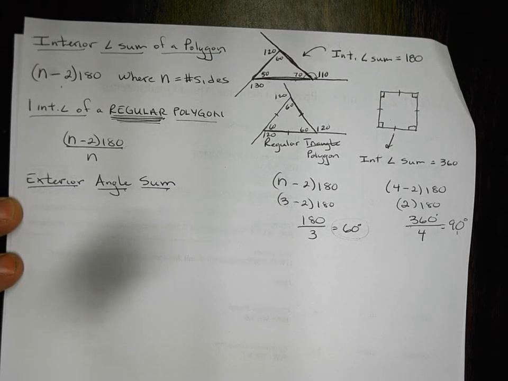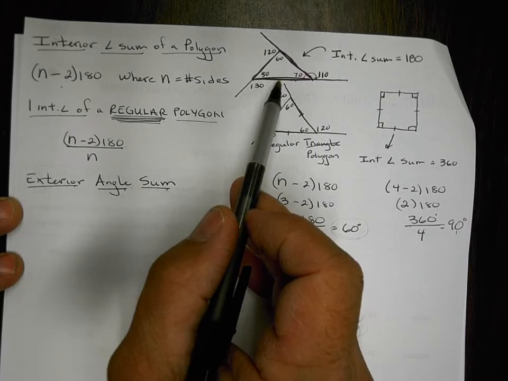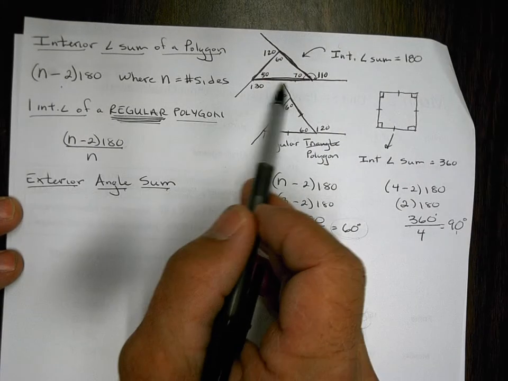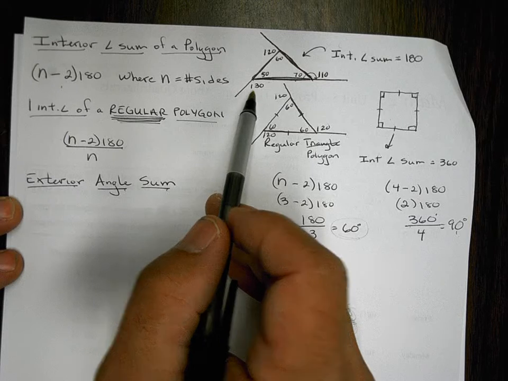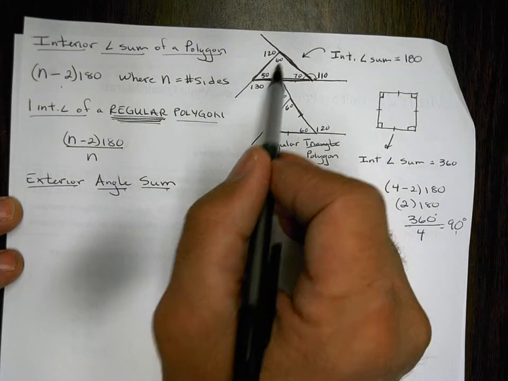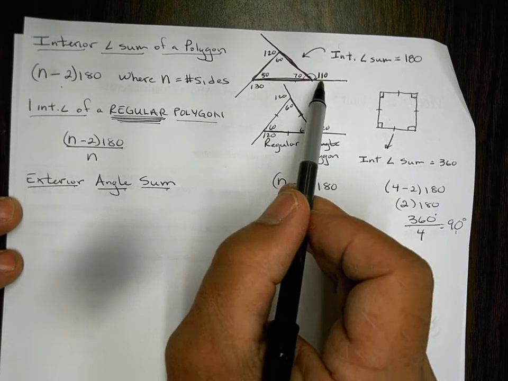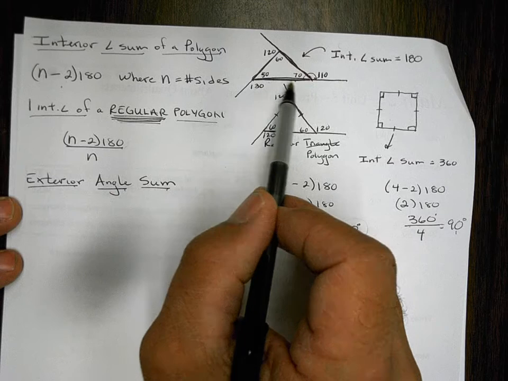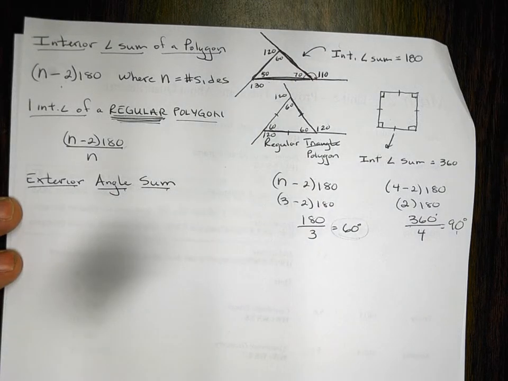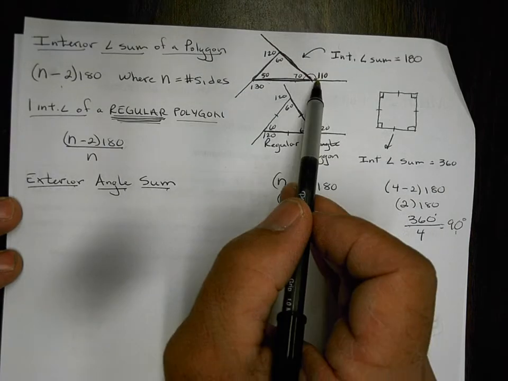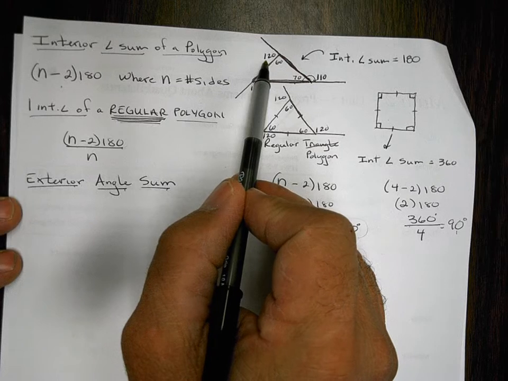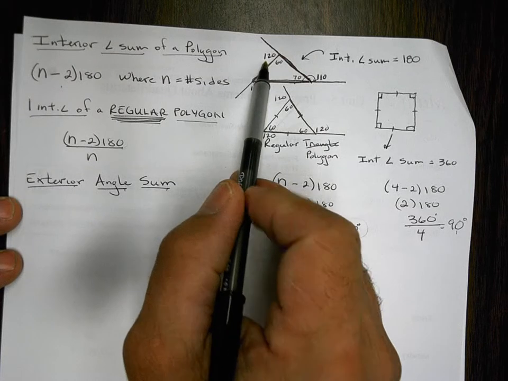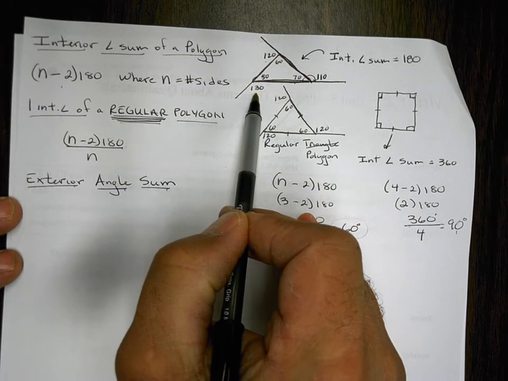Exterior angles, right? So let's go back to our triangle over here. This is an irregular polygon, and we already made up our interior angles, and we already found the exterior angles that would go with those interior angles, correct? Let's add them up. What's 110 plus 120? 230. And 230 plus 130 is? 360.